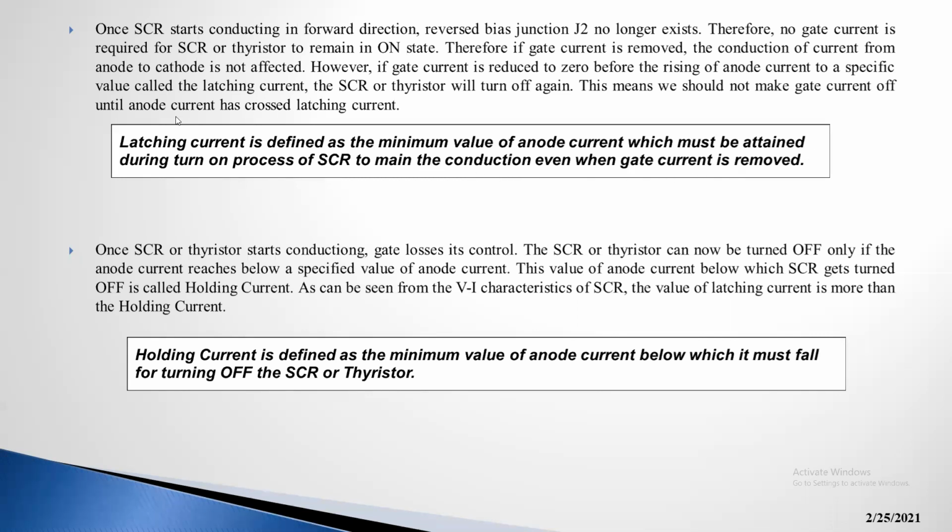It's a very important definition. Please note it, all of you.